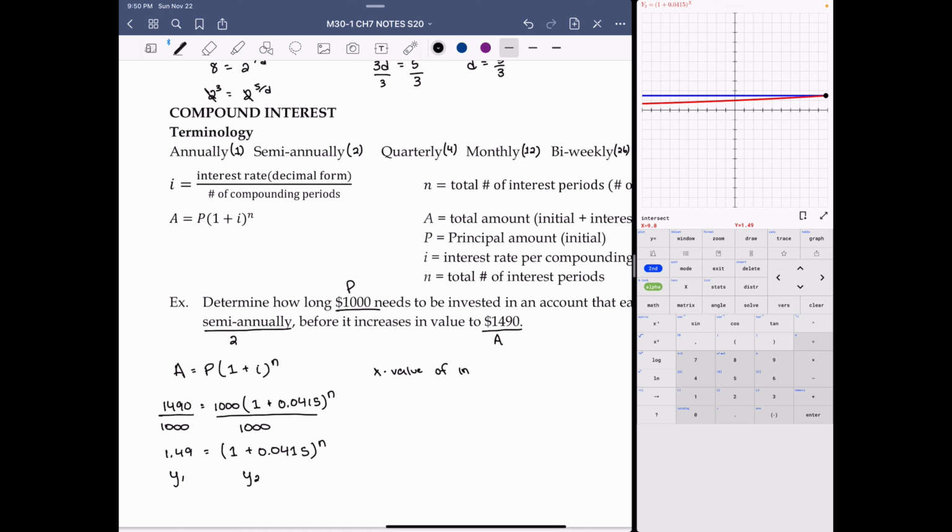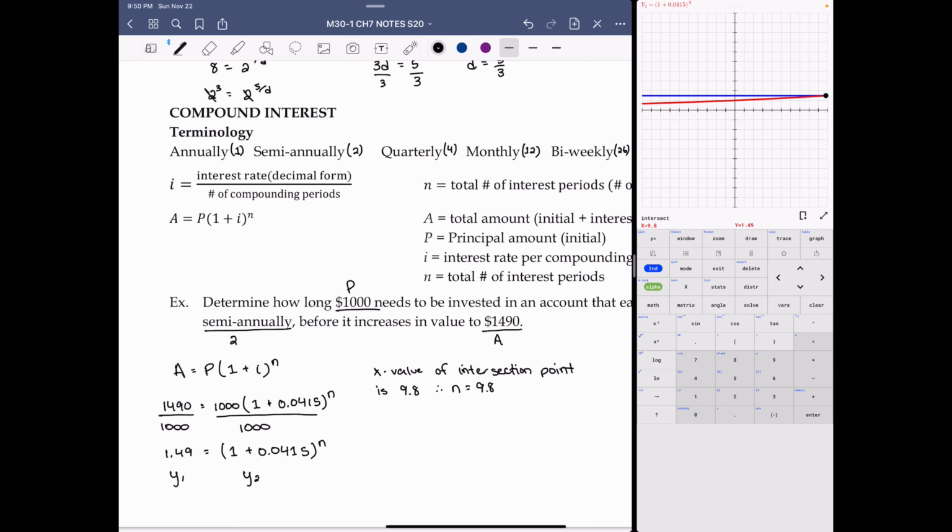So the x value of the intersection point is 9.8. So that tells us that n equals 9.8.